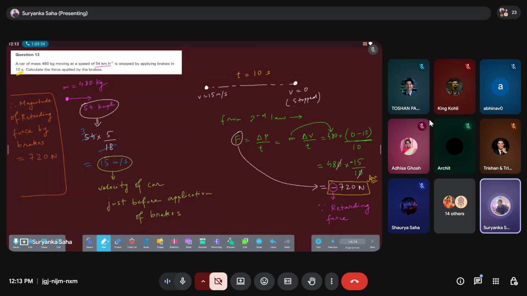Okay, equal to 720 Newton. So that's it. You can write like this and also write the answer like this. Okay. Next question.